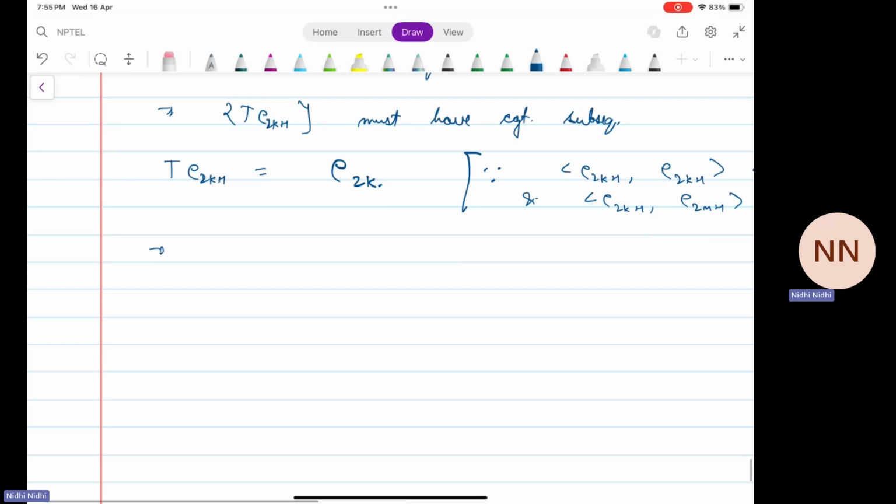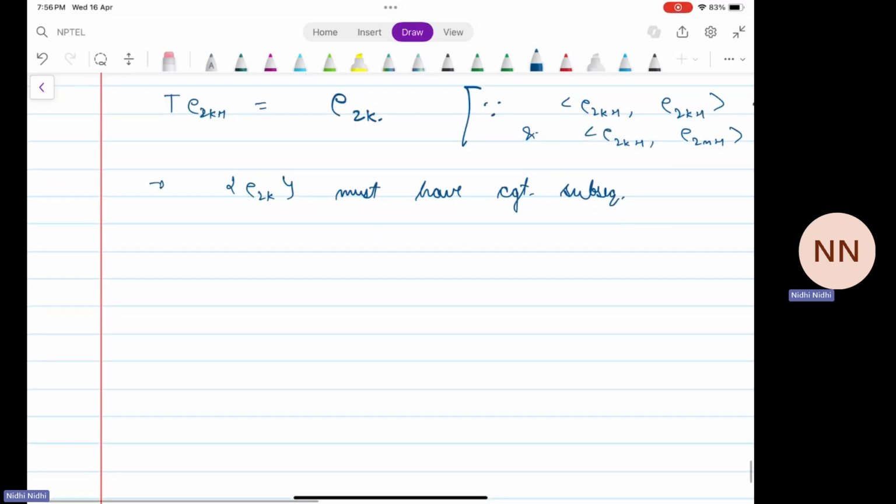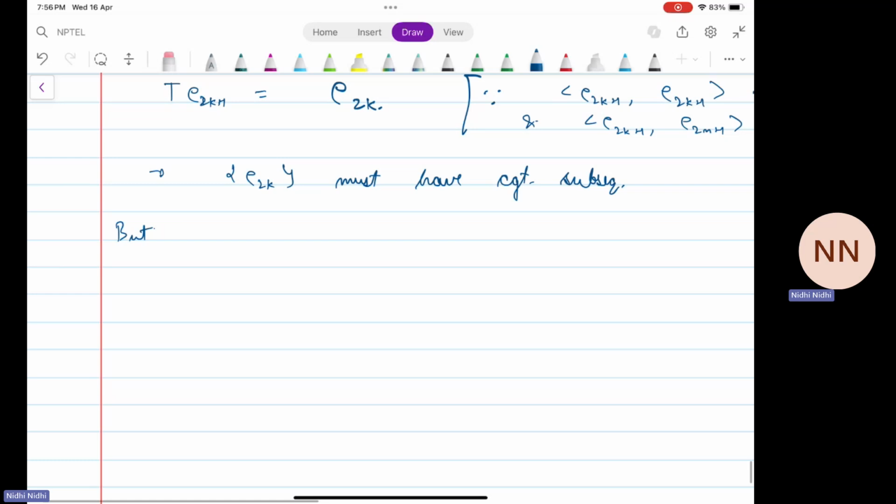This implies the sequence e_{2k} must have a convergent subsequence. So obviously that convergent subsequence will be Cauchy as well, but we can see that the norm of e_{2k} minus e_{2n}, for k not equal to n, you can write explicitly.